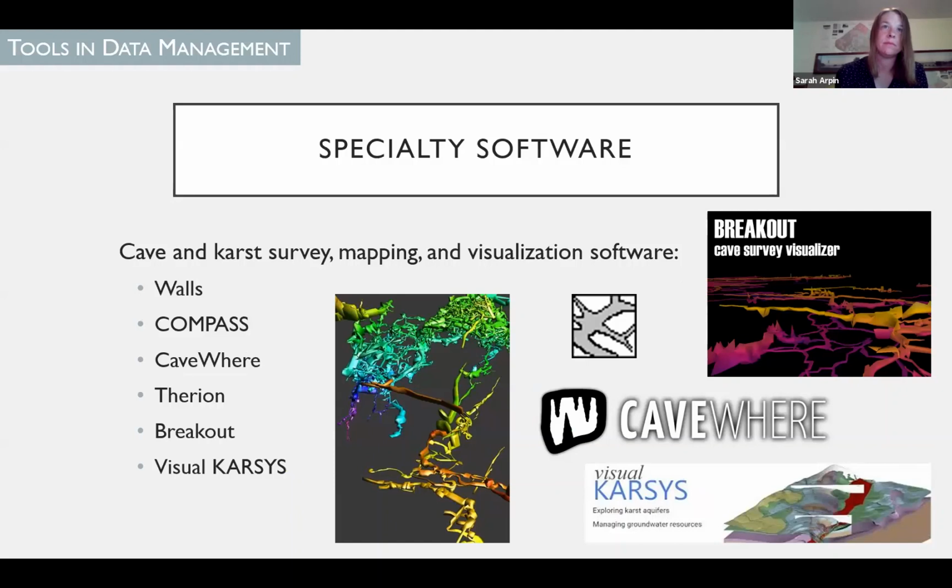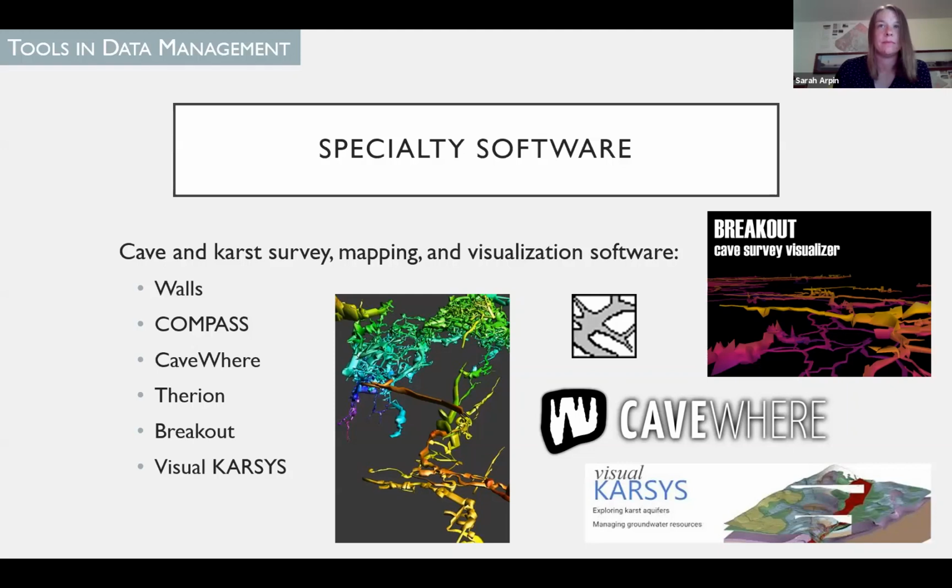And I'm not going to go over each and every one of these different software applications, but we do have descriptions and links to them in the resource document. So you could go and explore all of them. They all have tutorials associated with them. And the stuff on the left, the walls, compass, caveware, Therian, and breakout, those are all specifically associated with cave data, with cave survey data.